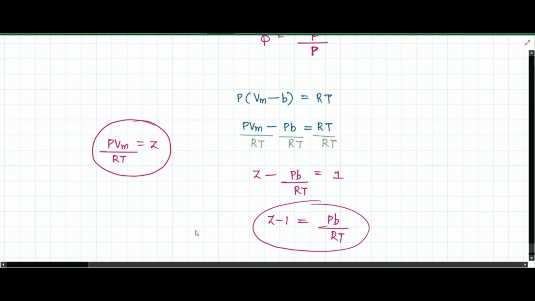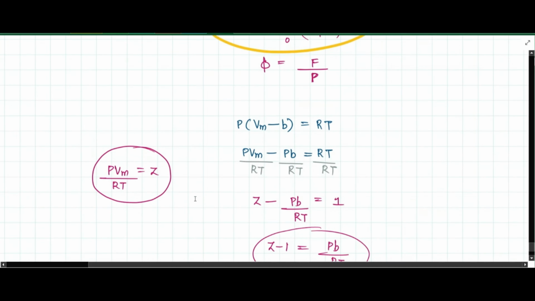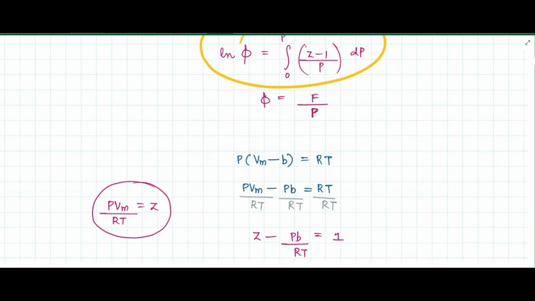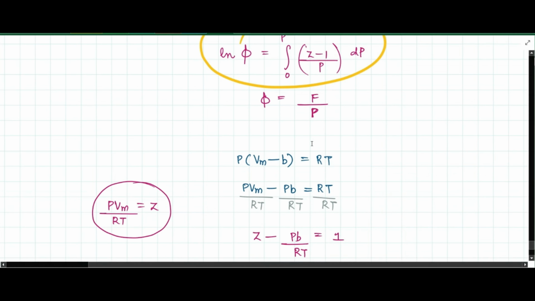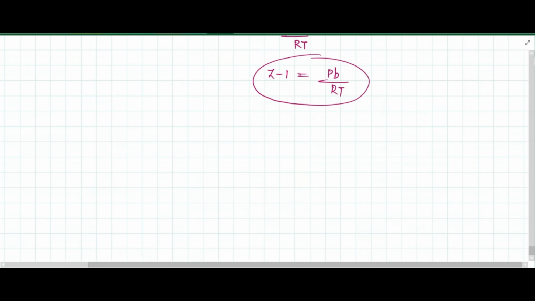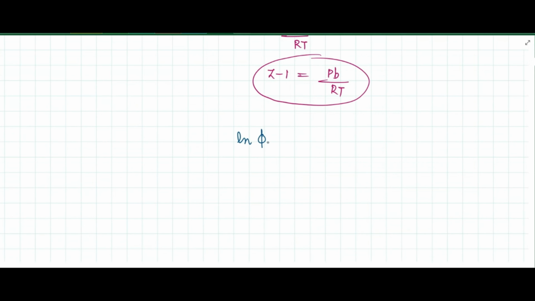Now I am going to substitute this into my first equation, where I have Z minus 1. I found that Z minus 1 is PB by RT. So ln of phi is equal to the integral from 0 to P of PB by RT divided by P into dP. P and P cancel.